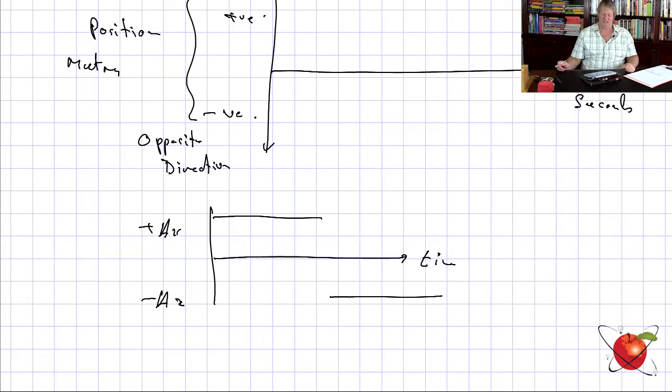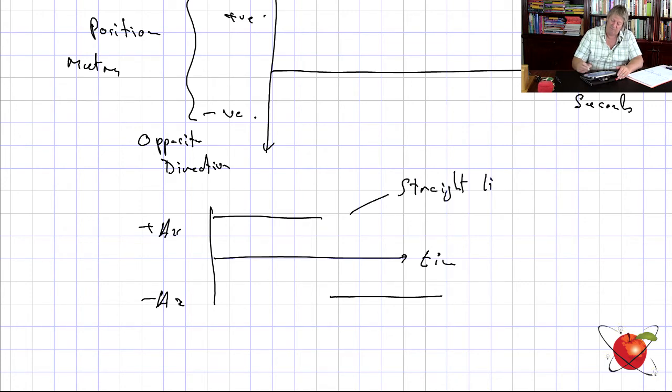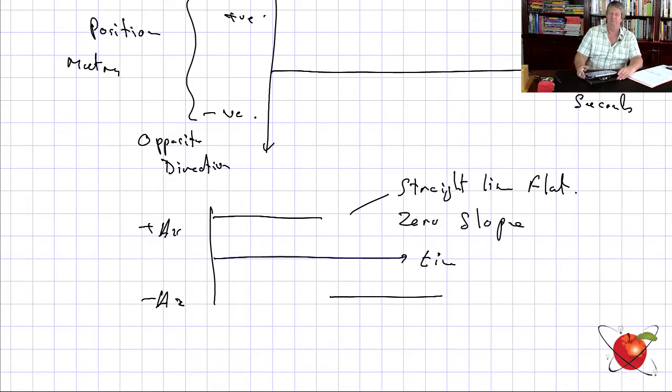Let's look at this line. First of all, it is a straight line, right? Straight line, and it is flat. Therefore, it has got 0 slope. Okay? It's got no slope.